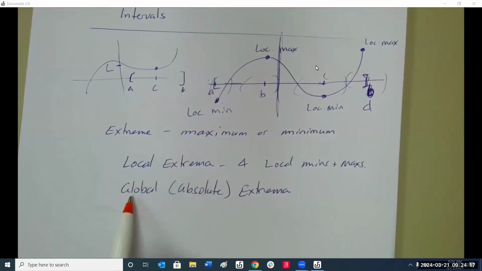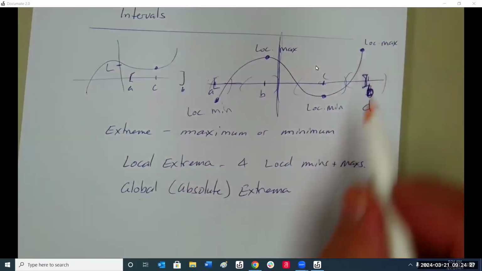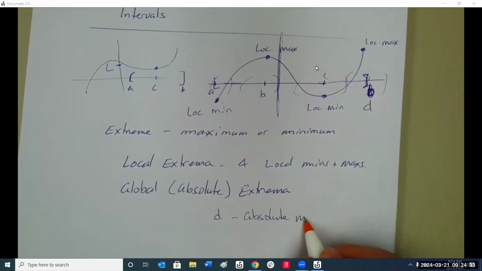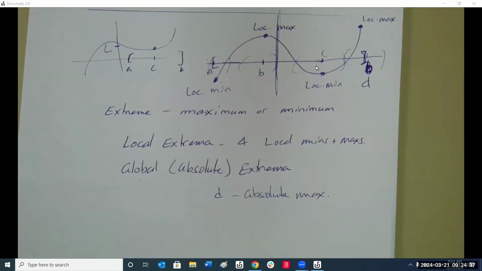Now, do we have an absolute or a global extrema? We have 2 of them. What's the highest point? D is the highest point. So D is our absolute maximum. You can only have one absolute maxima or minima. And which one is our lowest point?